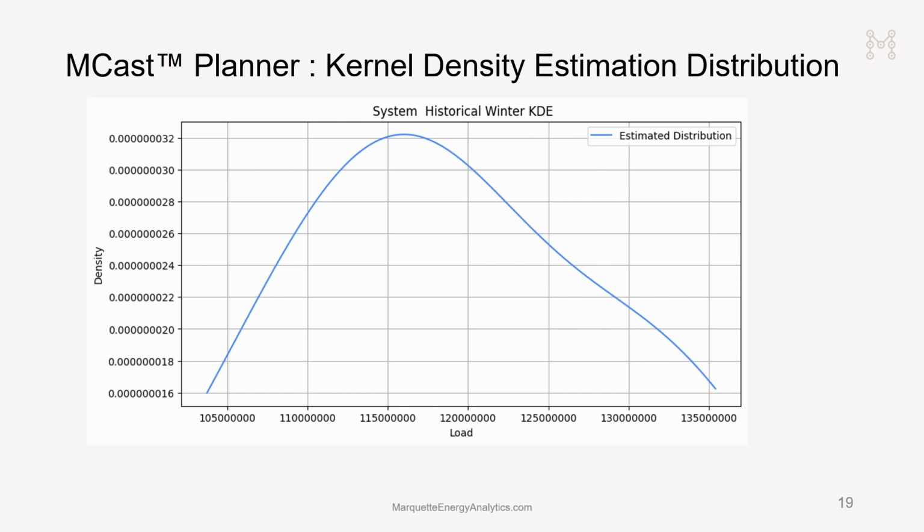It's worth noting that the historical data used to create MCAS Planner KDEs undergoes some additional analysis and refinement, something we'd be happy to discuss in future presentations or summarize in the comments. Once that pre-processing is complete, we apply kernel density estimation to translate load patterns from multiple winters into a single real-world model, one that is nearly ready to provide meaningful insights into future behavior.